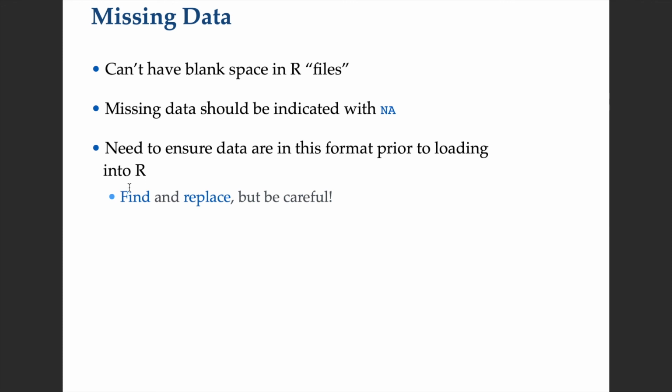You can do that using find and replace in Excel or however you do find and replace, but you obviously have to be careful when you're doing that. But it's important to know that if you have blank spaces in your data, that's going to cause problems with R, and you need to replace those with NA before loading your data into R.